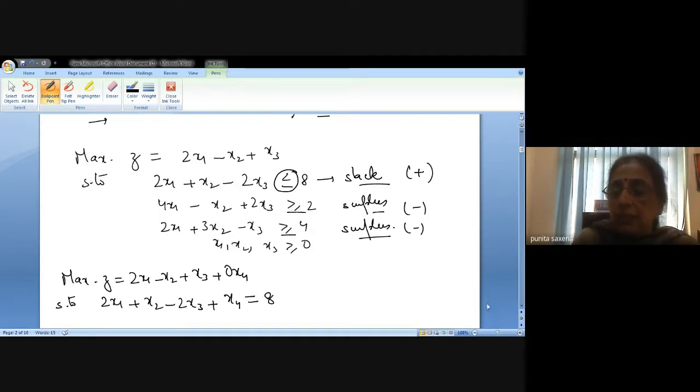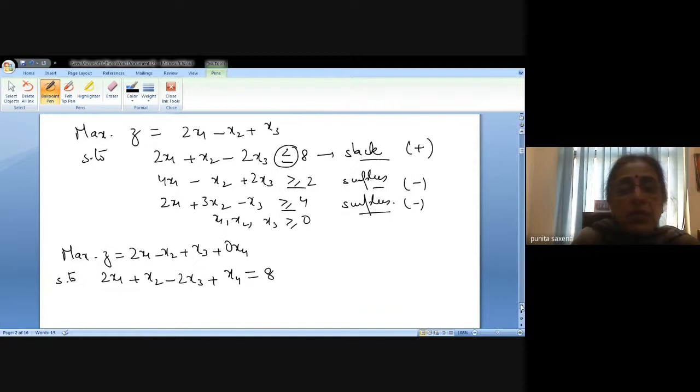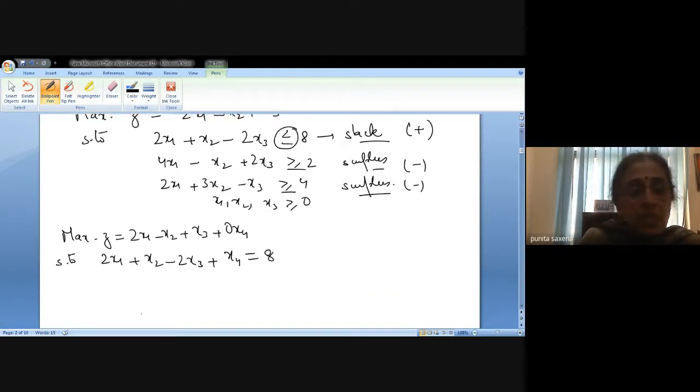So we add it the way we were doing it. Similarly, your second constraint will be 4x1 minus x2 plus 2x3. Now we need to subtract a surplus variable, so I'll have a minus x5 here and accordingly a 0x5 here.